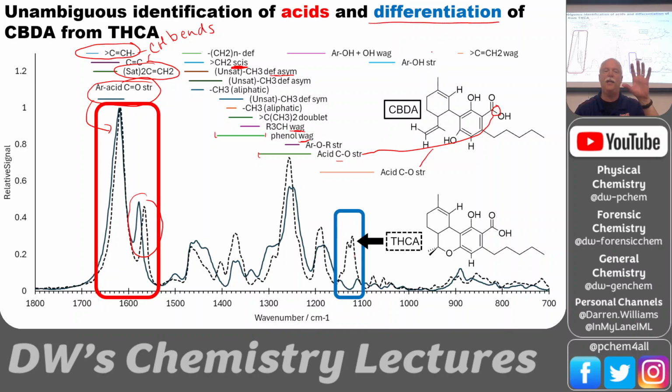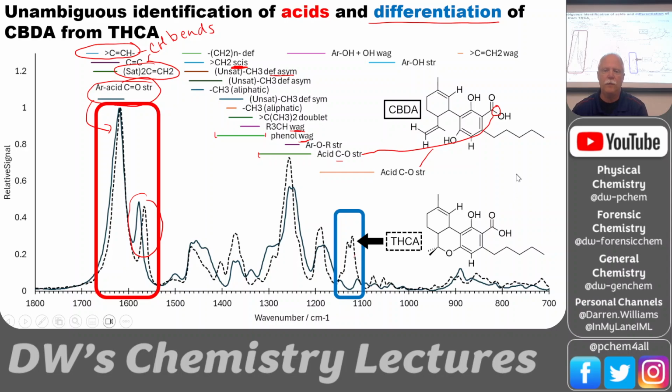So this is identification of both acids with the carbonyl stretch, and then the differentiation at 1120 for CBD versus THC. And I would say a medium intensity. It's not really a strong peak. The carbonyl stretch is the strongest peak in the spectrum.